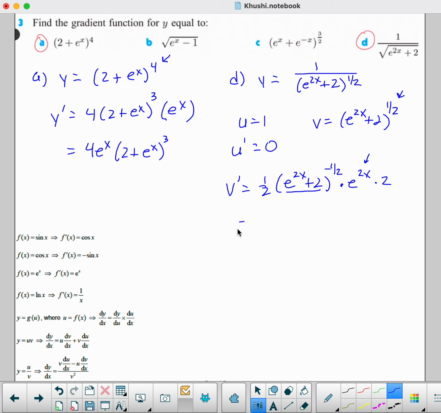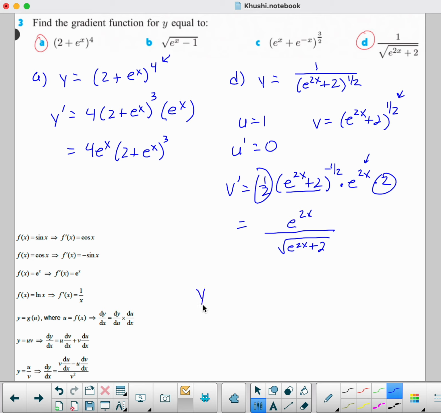And let's clean that up, right? 1/2 times 2 cancels out. So, I'd go ahead and write it as e to the 2x over square root of e to the 2x plus 2. Why not?